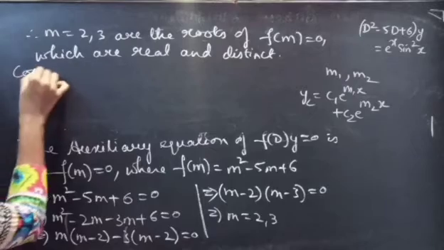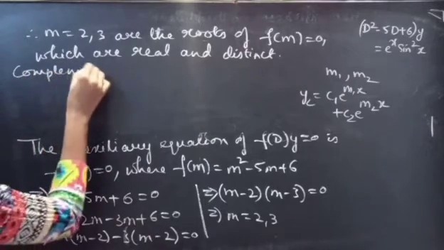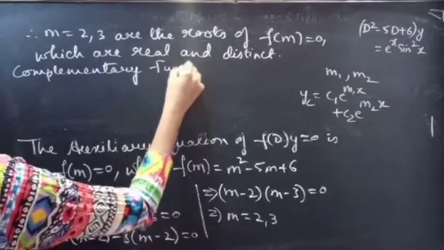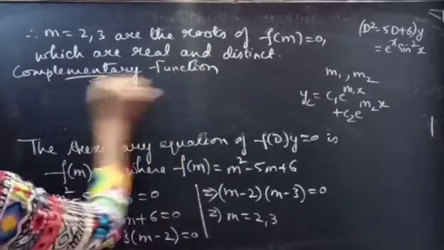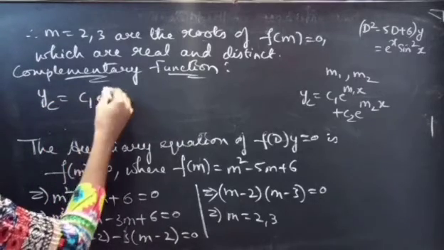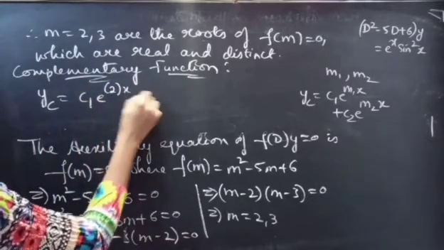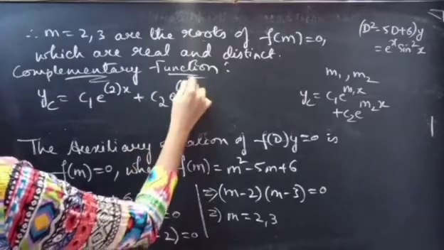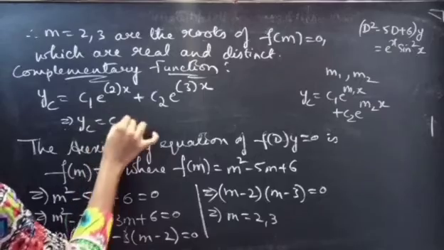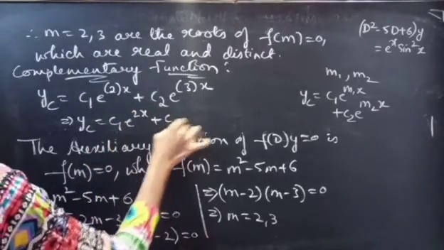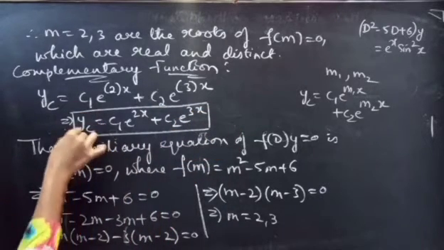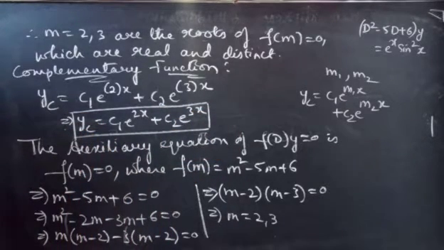Now let's write the complementary function. yc = c1 e^(2x) + c2 e^(3x). This is the complementary function. Now let's find the particular integral.